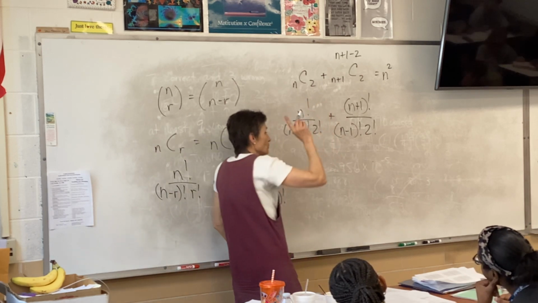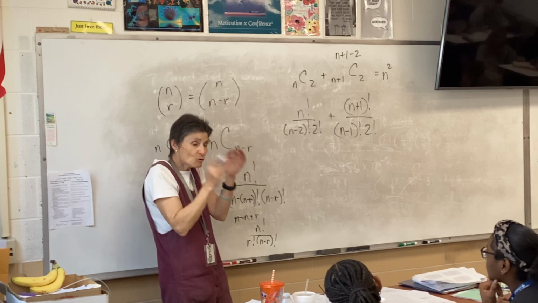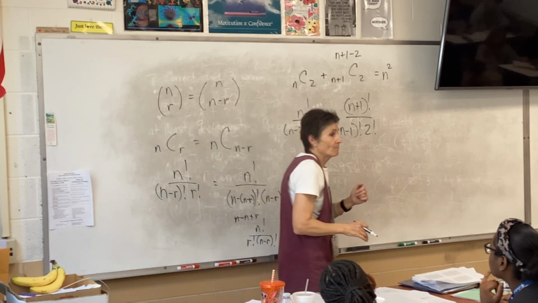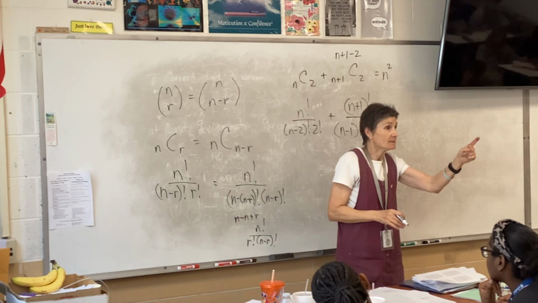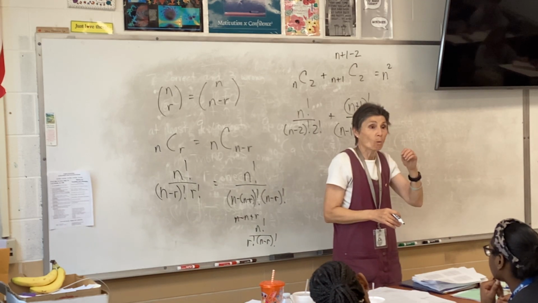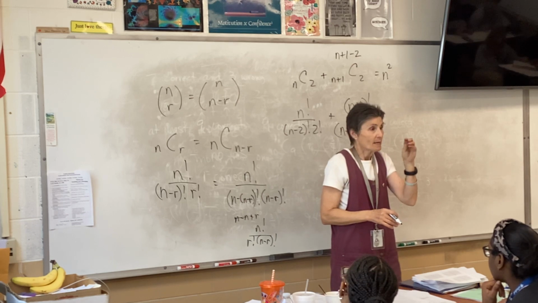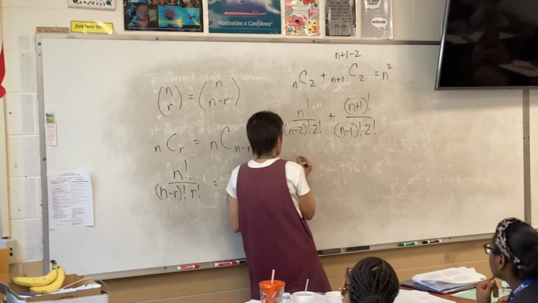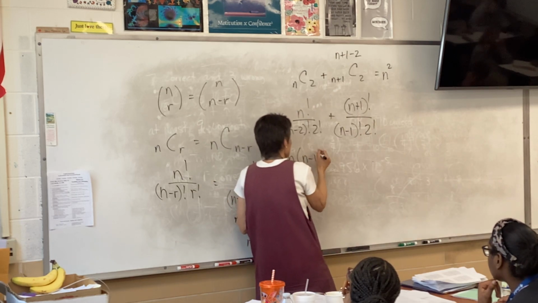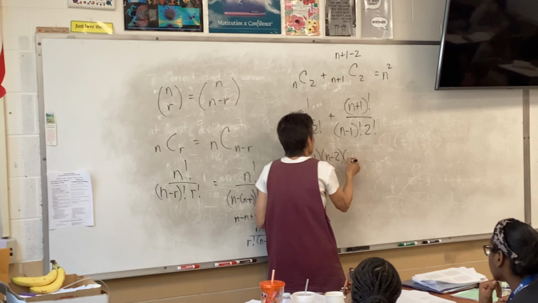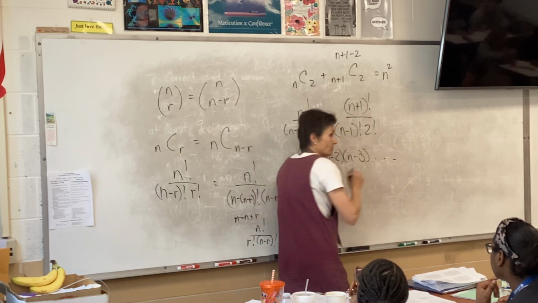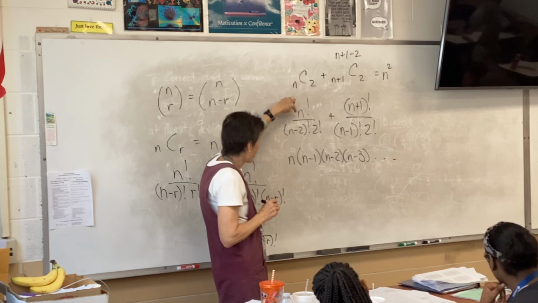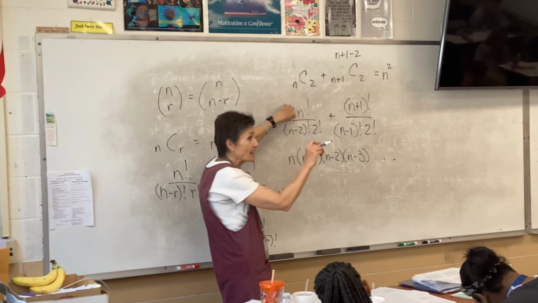All right, now I know these are letters, but you get this. You can do this. What is 7 factorial? 7 times 6. Okay, so what is n factorial? N times n minus 1, n minus 2, n minus 3, forever. I start with that number, and then I go down by ones.